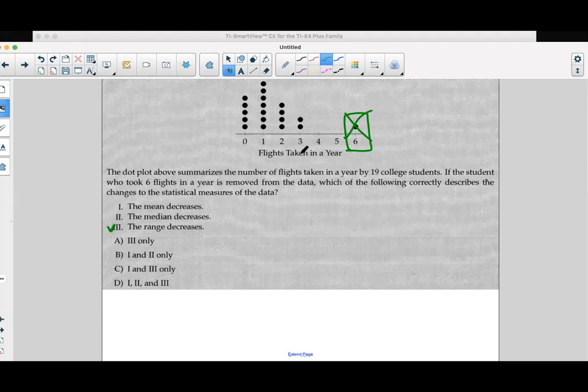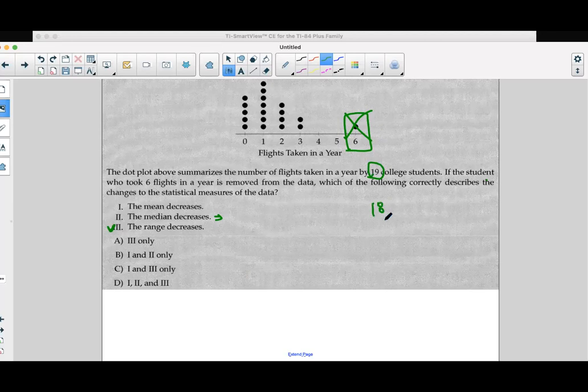Now, wait a minute. One of the biggest numbers was reduced, so therefore median decreases. Usually that makes sense. But you know what? I need you to actually check it out. When I have 19 values, where is my middle number? I'm going to take 1 out, then 18.